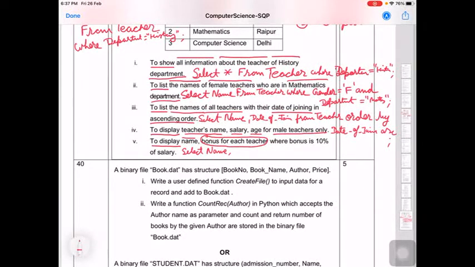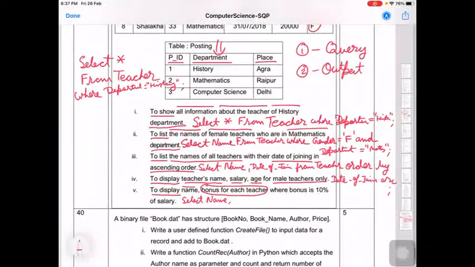So it will be derived from the columns given to you, and the derivation is given in the further query. This is the derivation. Bonus is 10% of salary. So you have to calculate the 10% of salary and it will be named as bonus.